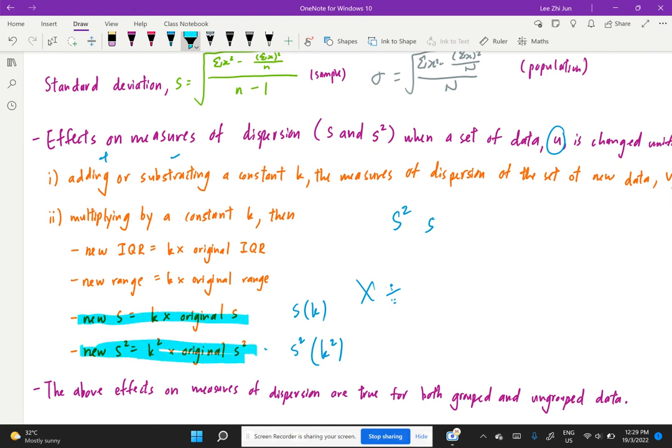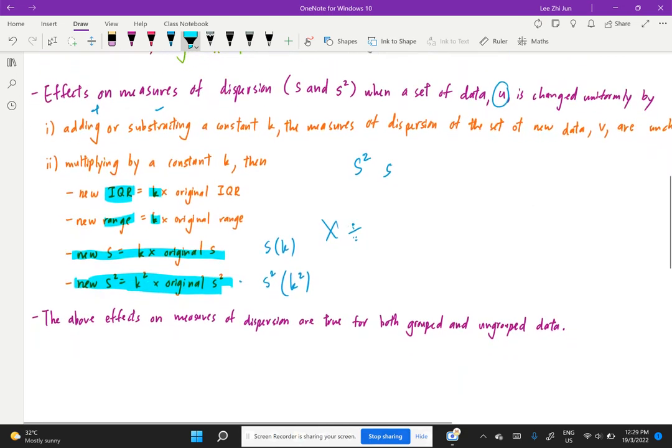Not only the variance and the standard deviation will change, the interquartile range and the range also will change by times K. So the above effects are true for both grouped and ungrouped data.